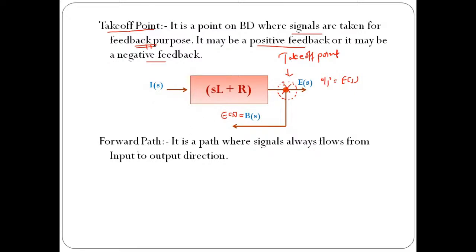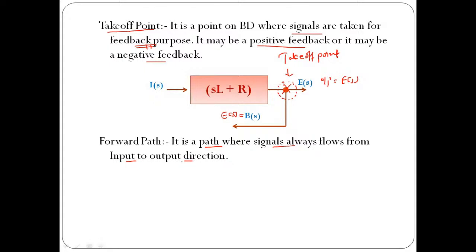Now let us discuss what exactly the forward path is. The way we define forward path in the case of a signal flow graph, in the same way we can define it for a block diagram. Again the topology will remain the same. When the signal flows from input towards the output, the path is known as the forward path. It is a path where the signal always flows from input to the output.